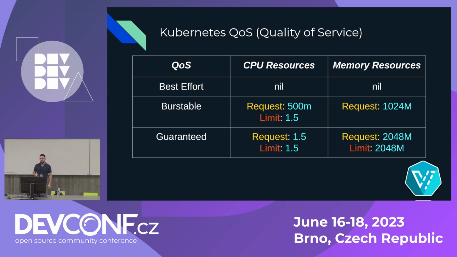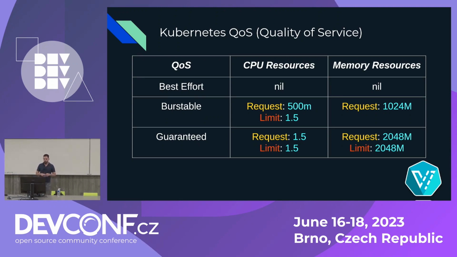Let's talk about Kubernetes QoS for a second. We have three quality of service levels in Kubernetes. The first one is best effort, which basically means that you don't provide any requests or limits, not for CPU, not for memory. The guaranteed QoS is kind of completely the opposite. You specify both requests and limits, for both memory and CPU, and they have to be equal to one another. And anything that's not best effort or guaranteed is burstable.